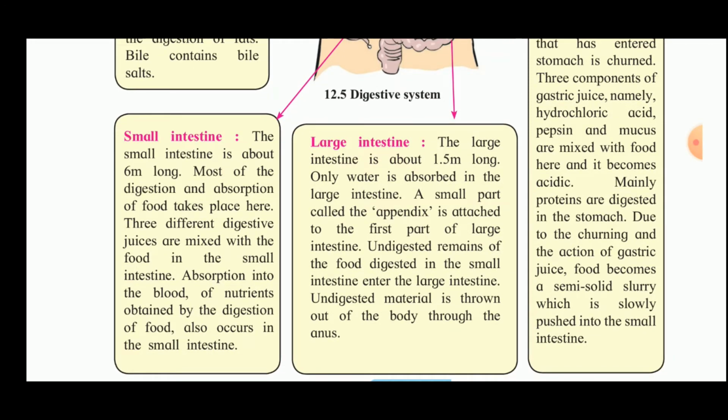The small intestine is about 6 meters long. Most of the digestion and absorption of the food takes place here. 3 different digestive juices are mixed with the food in the small intestine. Absorption into the blood of nutrients obtained by the digestion of the food also occurs in the small intestine.